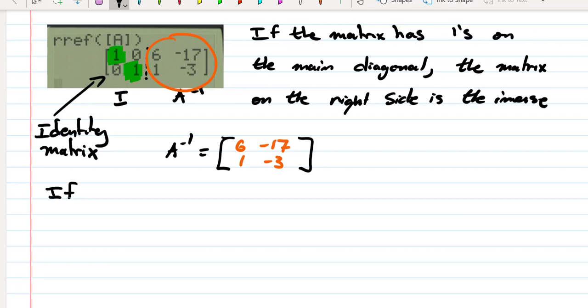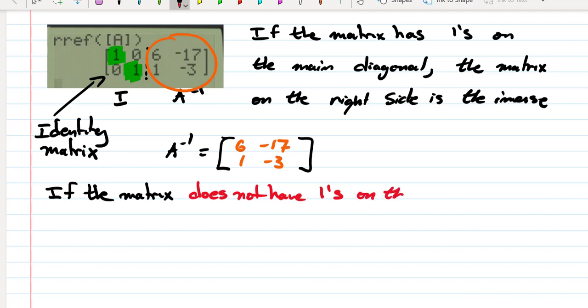If the matrix does not have ones on the main diagonal, then the matrix is not invertible.